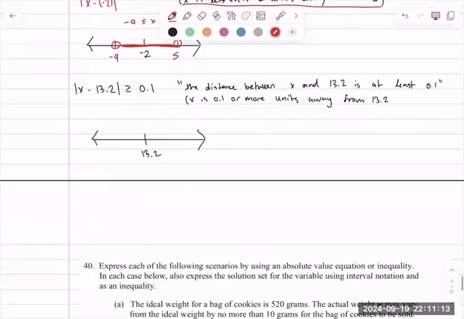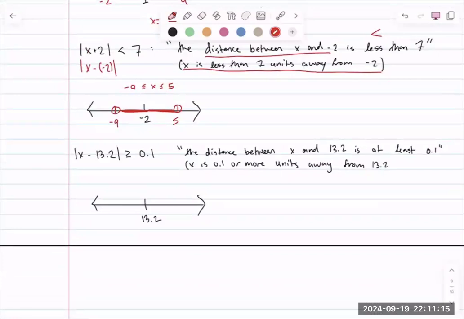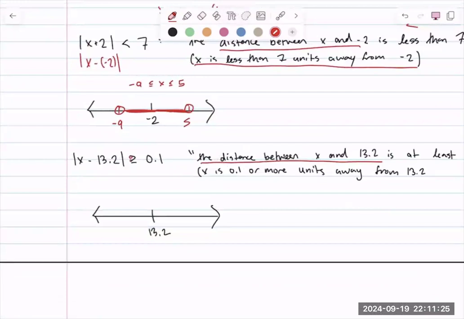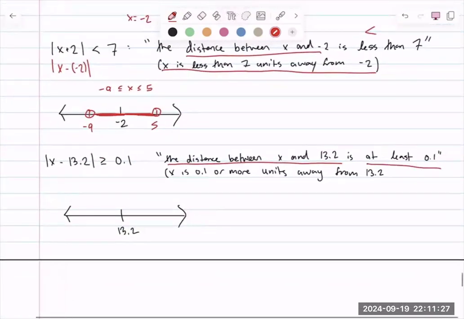And finally, we have something like this. The absolute value of x minus 13.2. Well, again, we can read that as the distance between x and 13.2 is greater than or equal to 0.1. So it's at least 0.1, or in other words, x is 0.1 or more units away from 13.2.